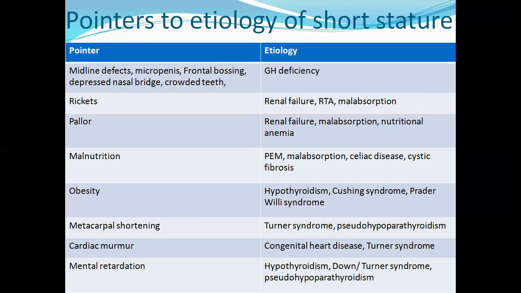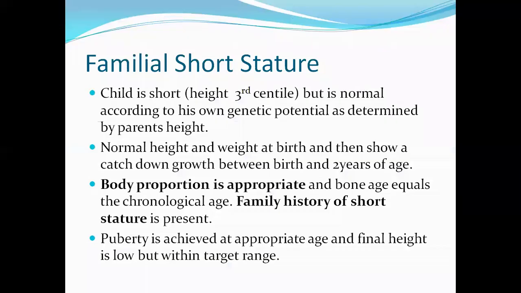Metacarpal shortening means the baby has some sort of chromosomal disorder like Turner syndrome or pseudo-hypoparathyroidism. If the baby has a cardiac murmur, it may be due to congenital heart disease or Turner syndrome. And if the baby is mentally retarded, then we may be dealing with hypothyroidism, Turner syndrome, Down syndrome, etc.